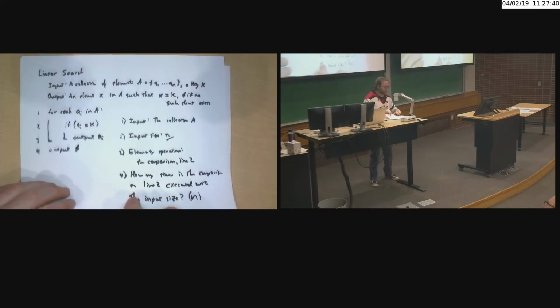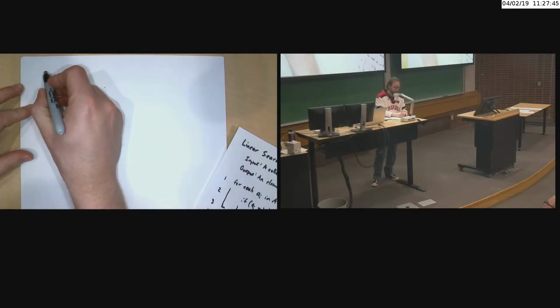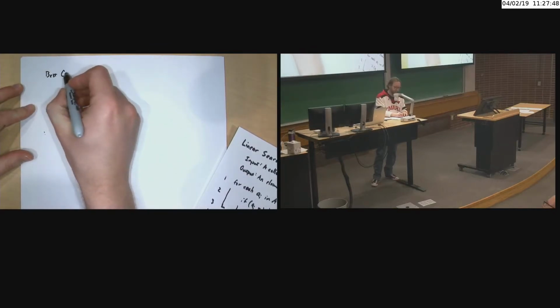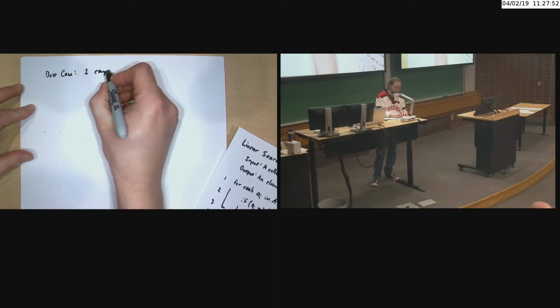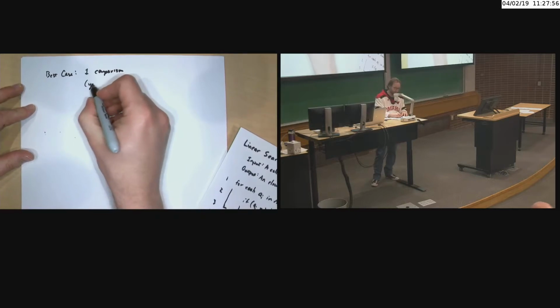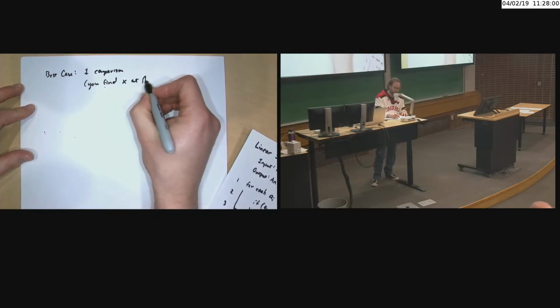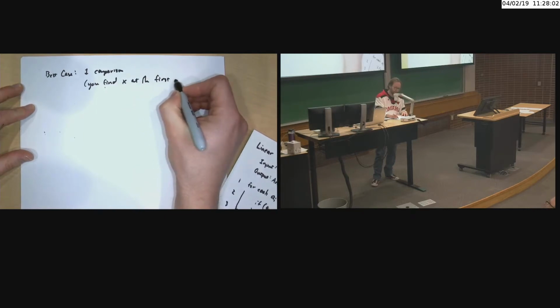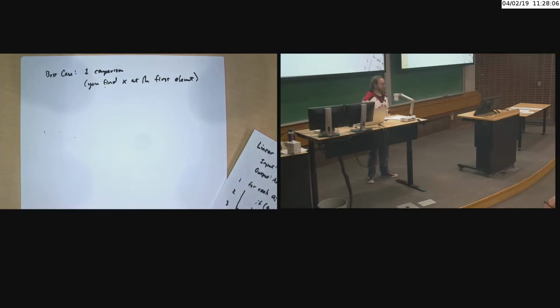So under an optimistic point of view, the best case scenario is one comparison, where you find x at the first element.